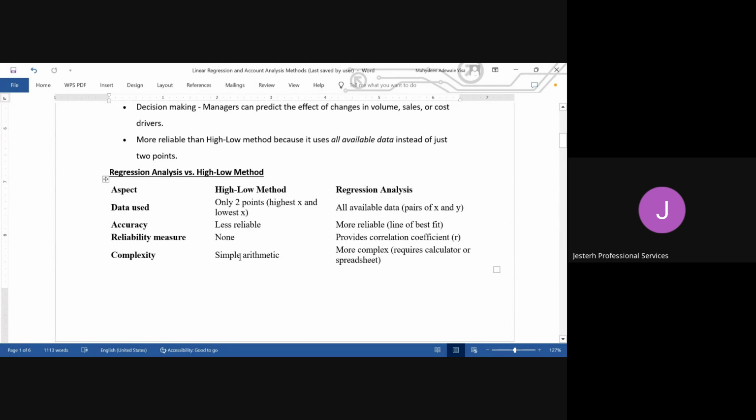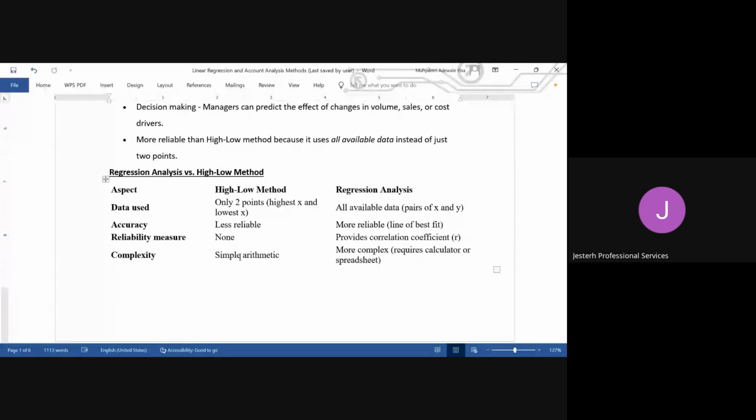The level of accuracy: in the high and low method it is less reliable because we determine our information based on only 2 points. This can make our level of accuracy lower. While in regression analysis, it is more reliable because we are making decisions based on all the information available.